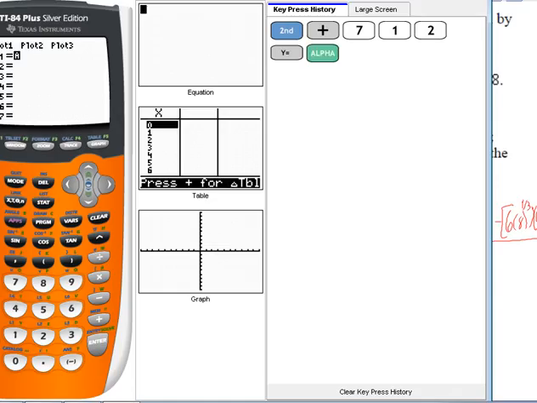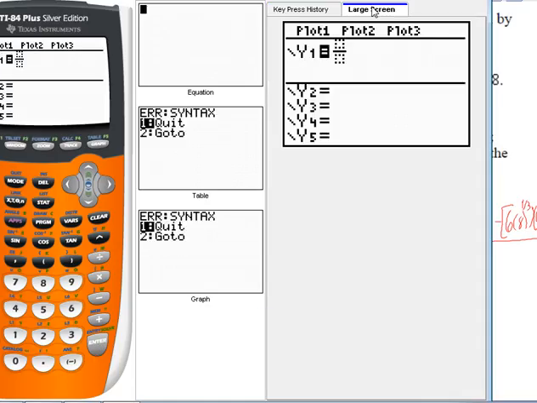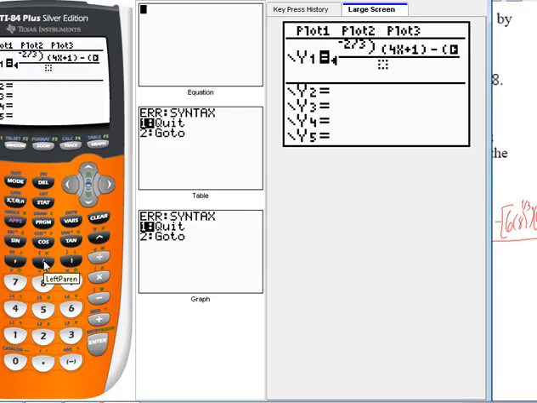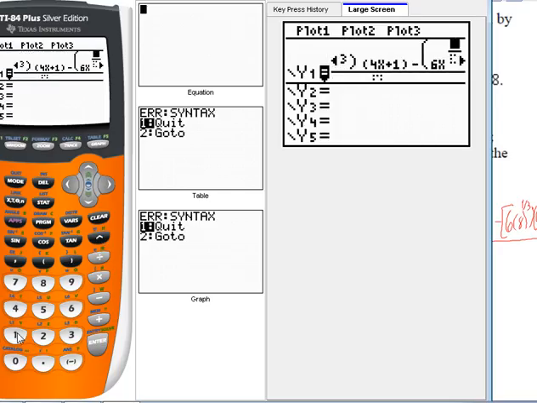So go to y equals. Can you help me? What was my equation? Six x times 4.